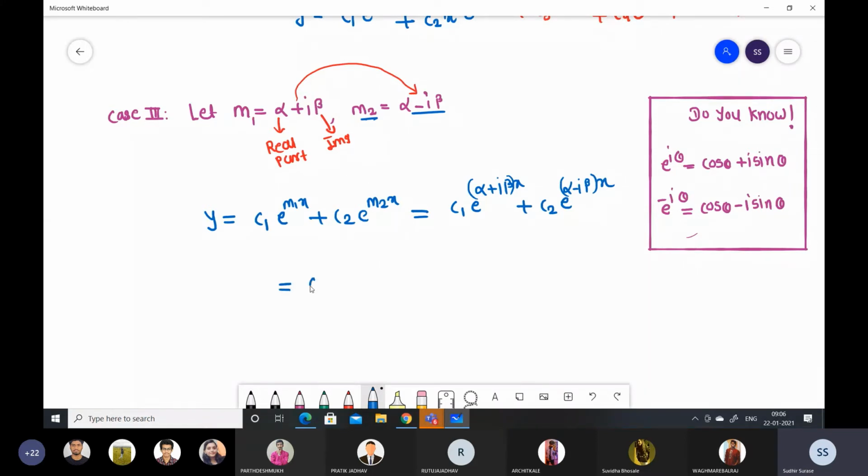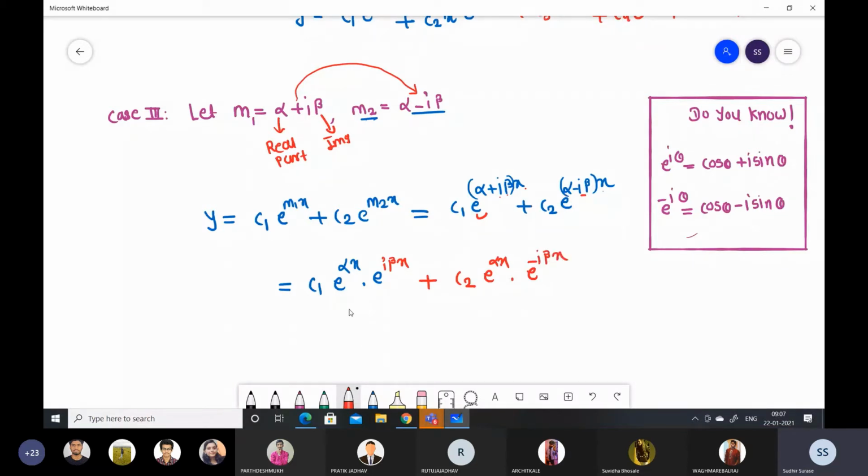So the first term is c1 e^(alpha x) into e^(i beta x). Talking about the second term, c2 e^(alpha x) into e^(-i beta x).